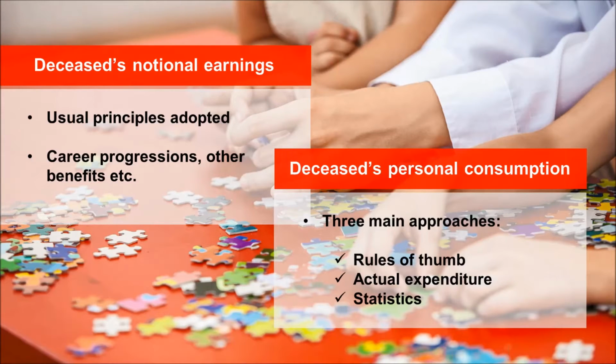So in absence of the actual expenditure approach, the way that courts have traditionally done the estimation of personal consumption is by way of statistics. And probably the most known statistic is what's known as the Table 9.1 in Professor Luntz's text on the assessment of damages, wherein he states what essentially are called dependency percentages.